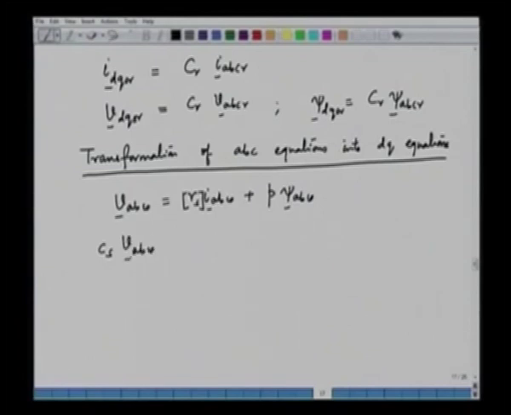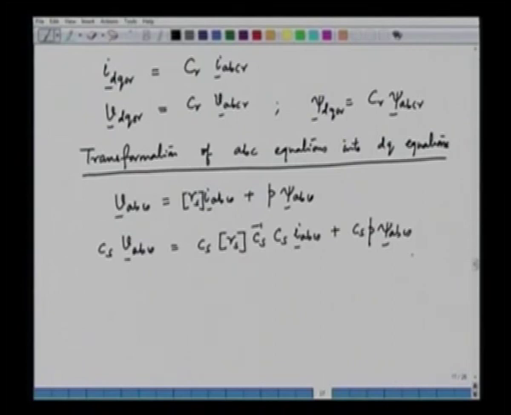So, we can say CS VABCS equals CS RS, with CS inverse into CS, IABCS, plus CS P psi ABCS.